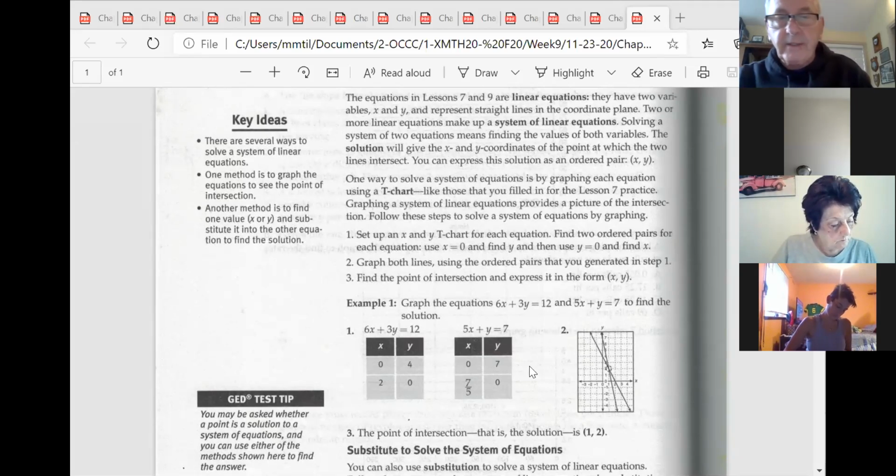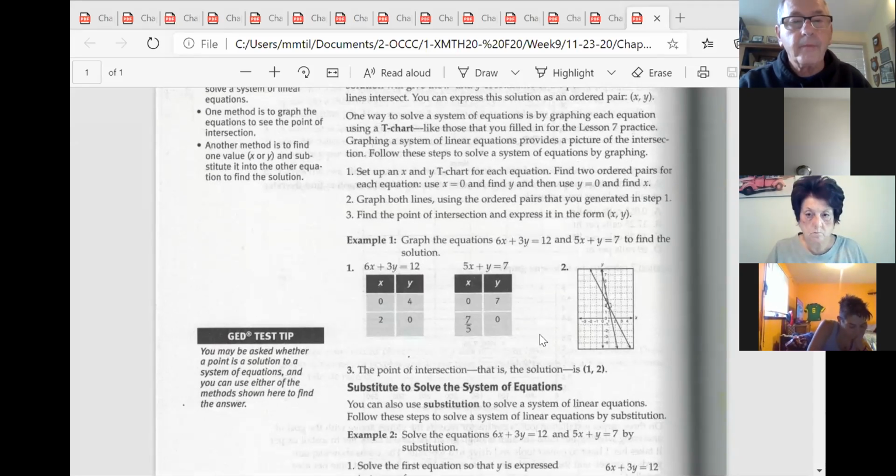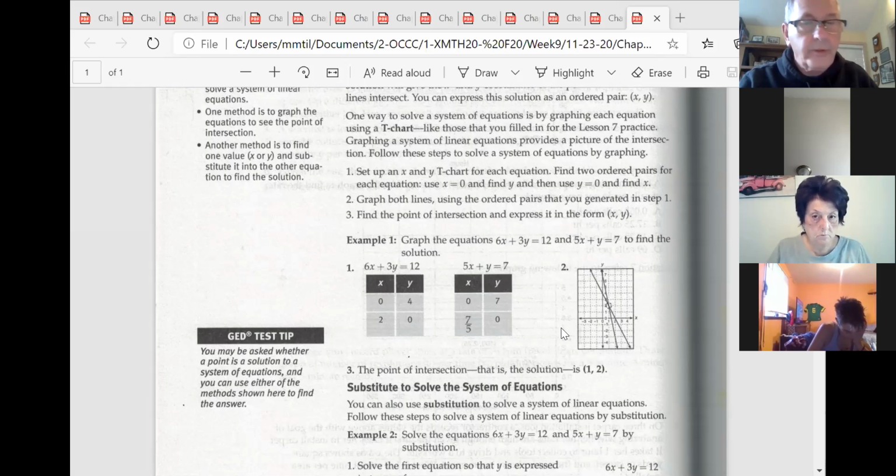If they don't intersect, then they're parallel. But in this particular case, they'll intersect. When you say solve a system of linear equations, you're determining where that intersection is. That's all you're doing. So I'm going to show you on 4, 2, 0.